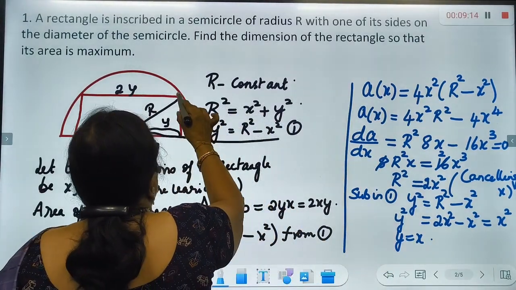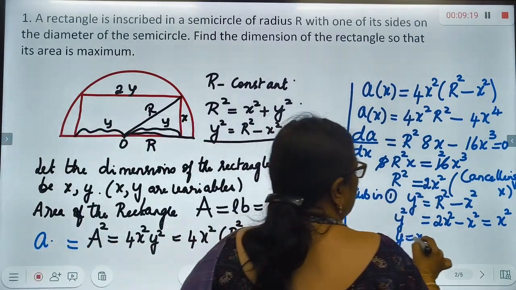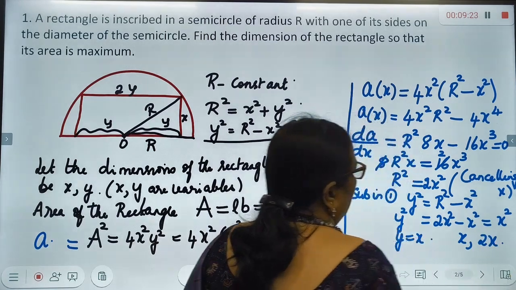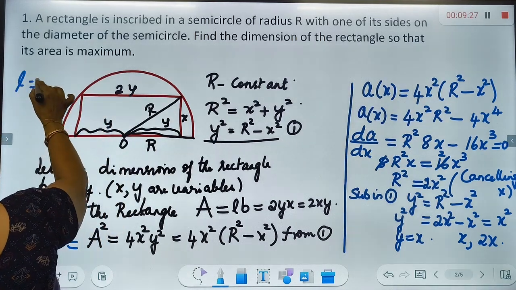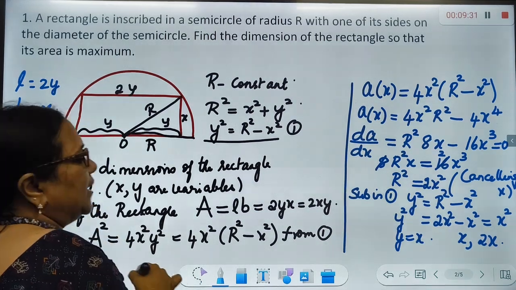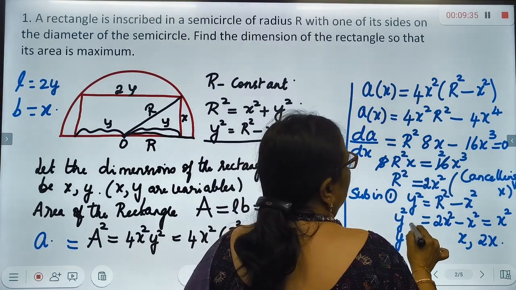Now, what is x? X is the width of the rectangle. What is the dimensions of the rectangle? X and 2x. Why? Because 2y is the length. So, length is 2y, breadth is x. So, the dimensions are x and 2x. And what is the value of x?